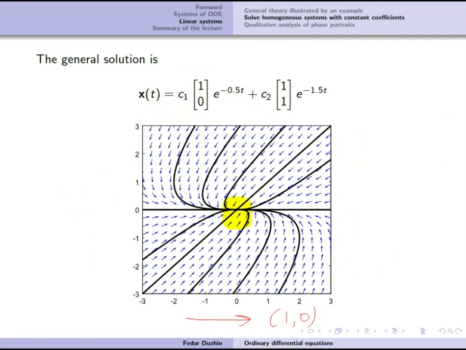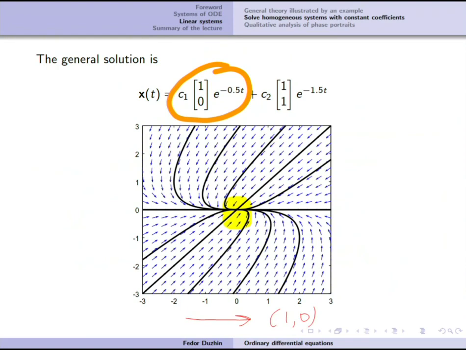And that's because the vector (1, 0) corresponds to the eigenvalue. So both eigenvalues are negative, but close to the origin, everything is dominated by the vector corresponding to the eigenvalue that is smaller in magnitude.